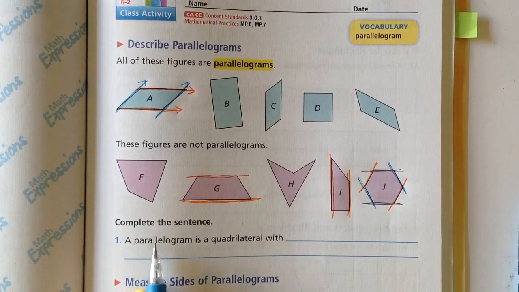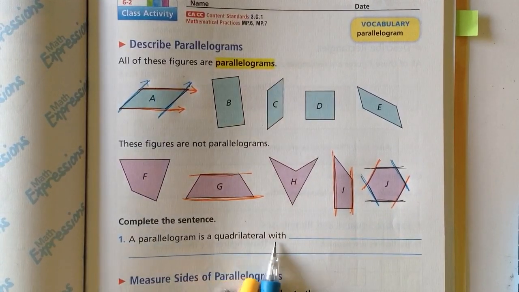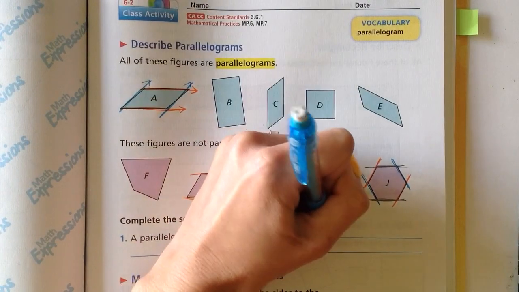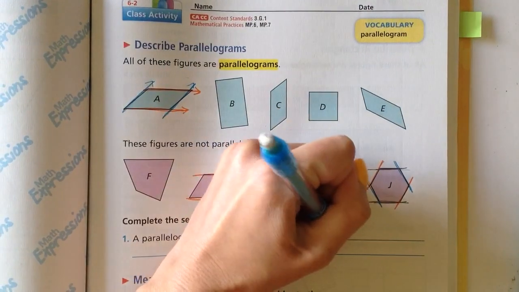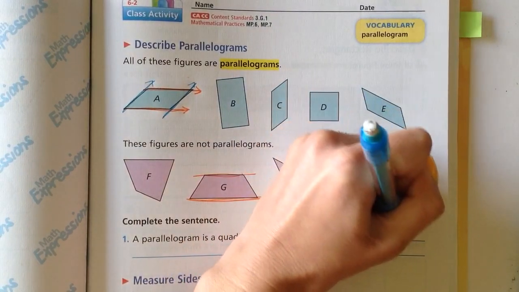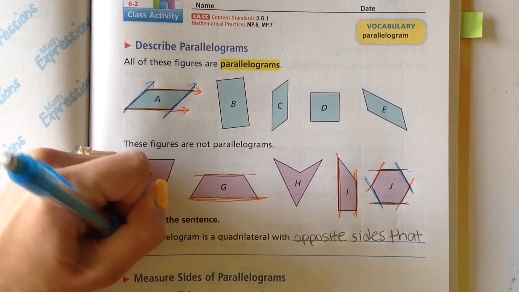So when I come down to number 1, it says a parallelogram is a quadrilateral with, and I'm going to write, opposite sides that are parallel.